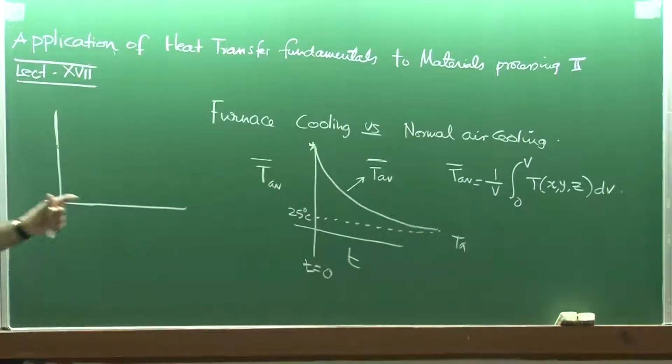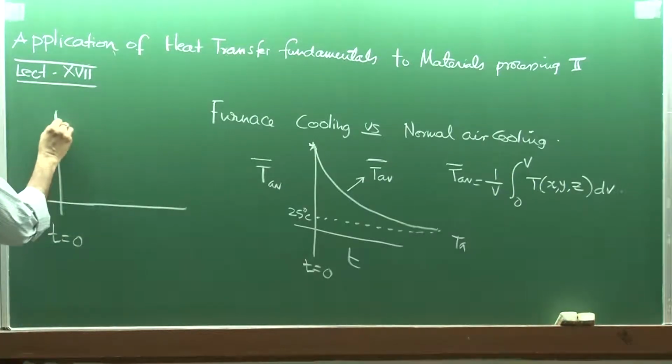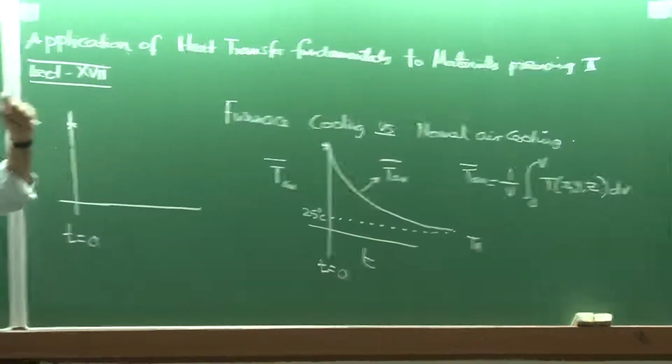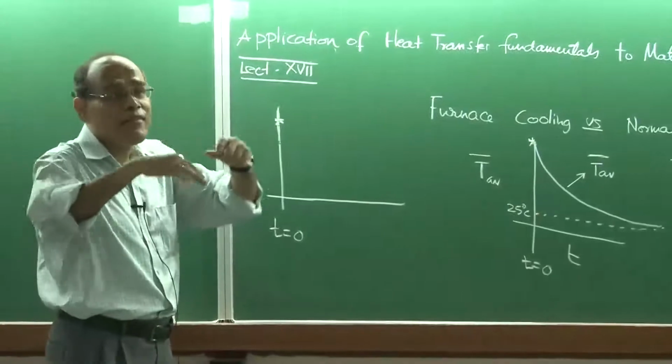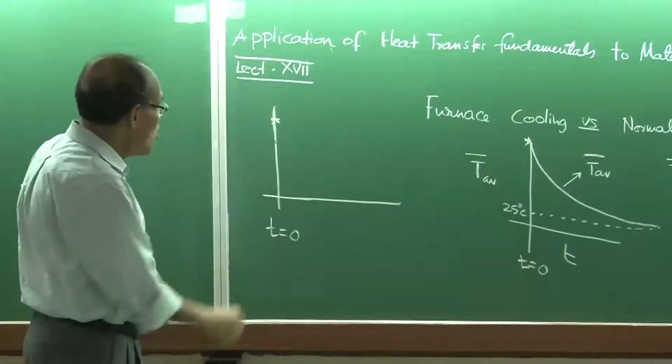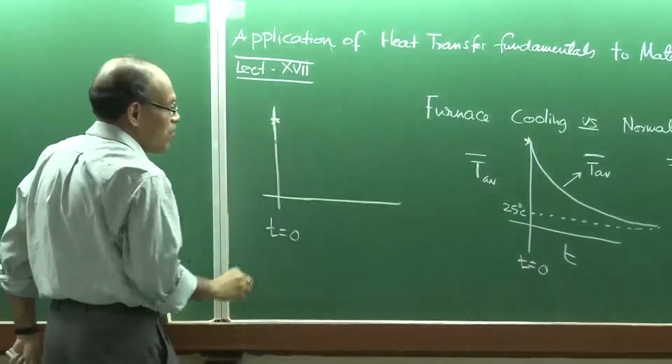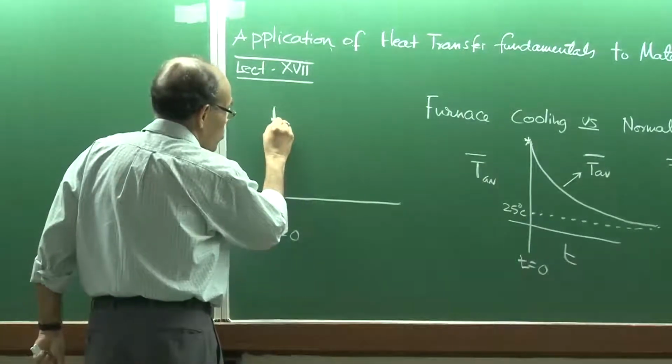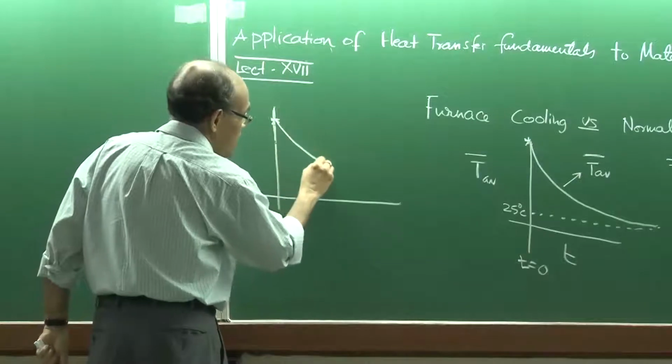Now, if the ingot would have been in the furnace, at time T is equal to 0, the ingot and the furnace temperature, if we assume that they have reached a steady state, there is a thermal equilibrium between the two. So, both of these will start at the same temperature, and that temperature is going to decrease.